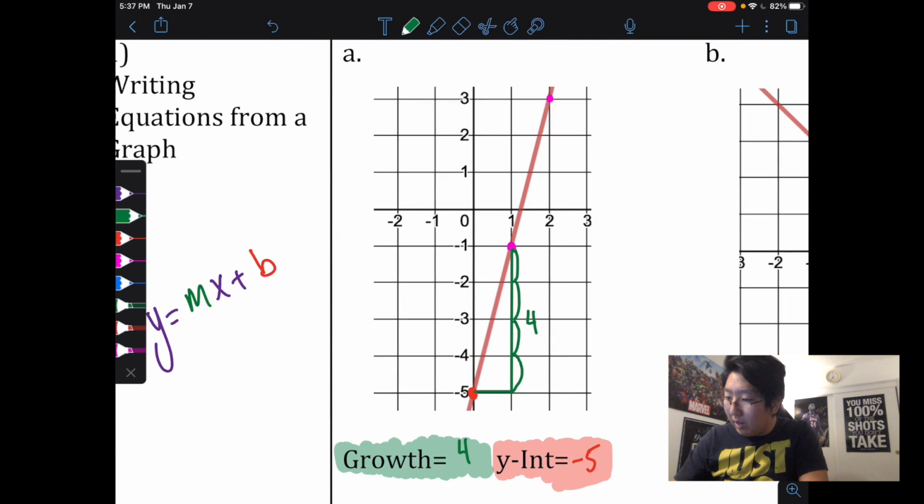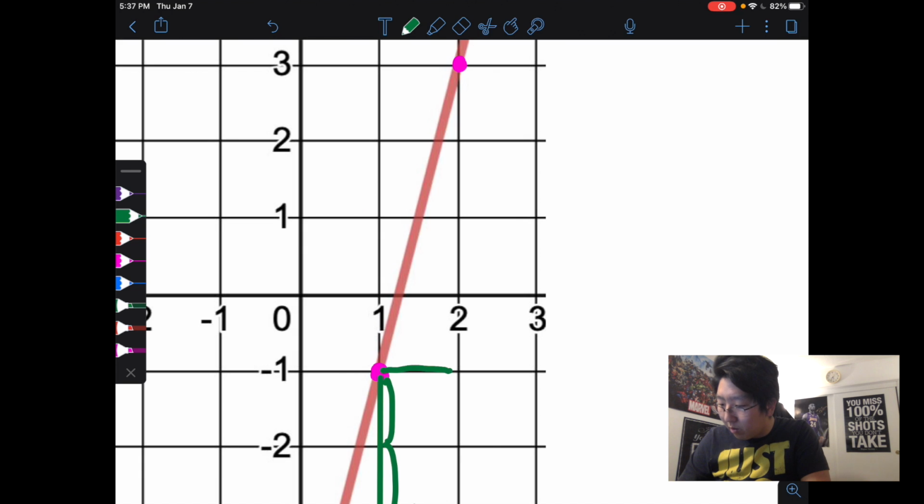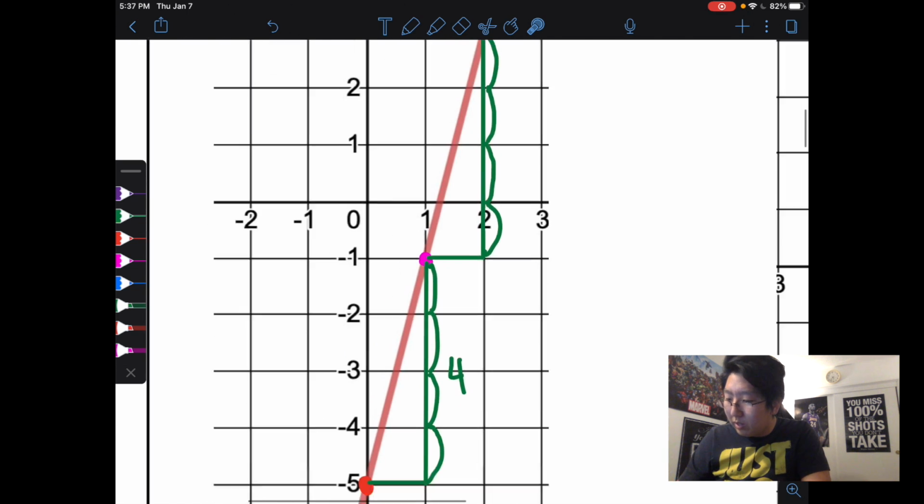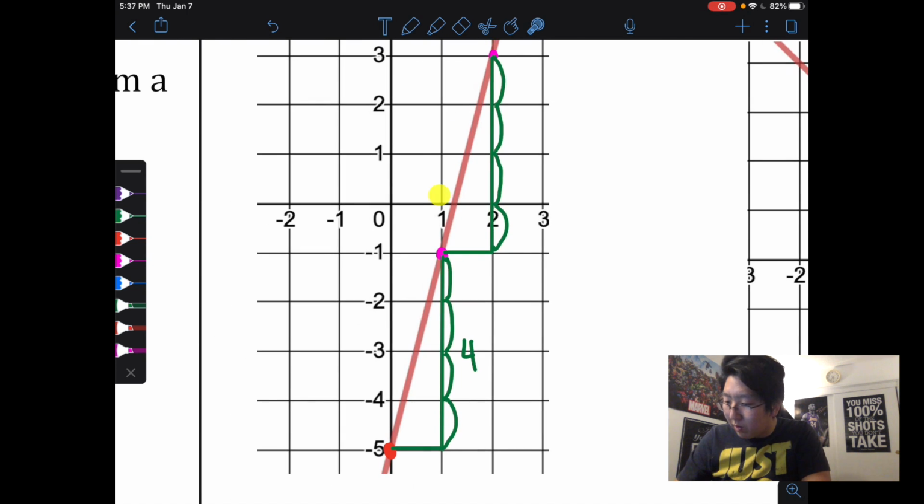And you're going to see that for the next one you can move over one and go up 4. I'll draw that right here too. So you go over 1, up 4. So this is growing by 1, 2, 3, 4. And what you're going to see is each time you move over a figure number, if this is figure number 1, figure number 2, and figure number 0, it went over to figure 1, went up 4 tiles.